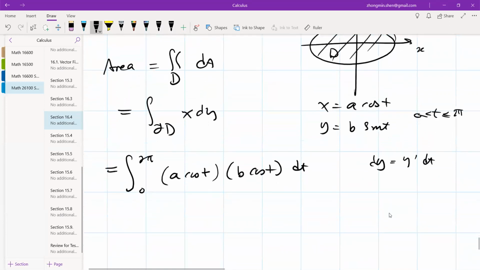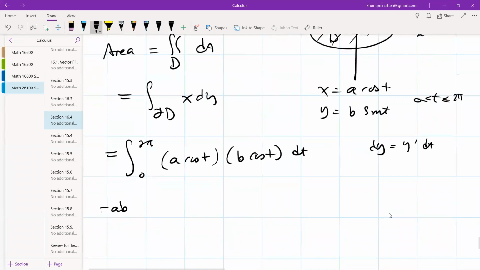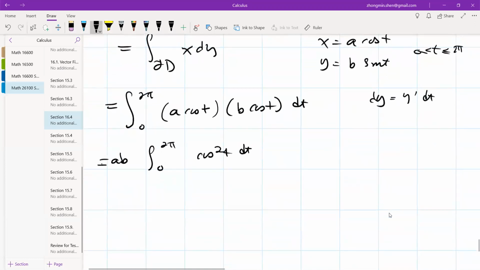All right, this is a simple integral. It's going to be ab times the integral from 0 to 2 pi of cosine squared t dt. And how to evaluate it? Use the trigonometric formula: it's going to be (1 plus cosine 2t) over 2 dt.